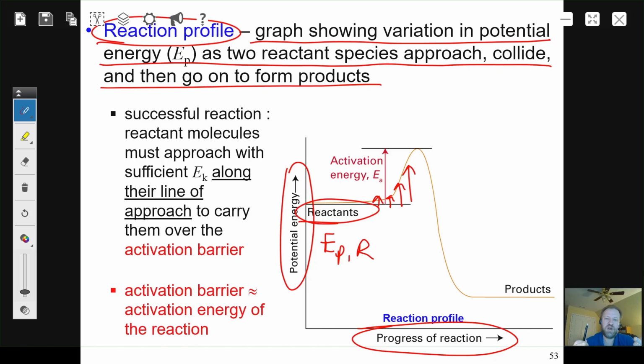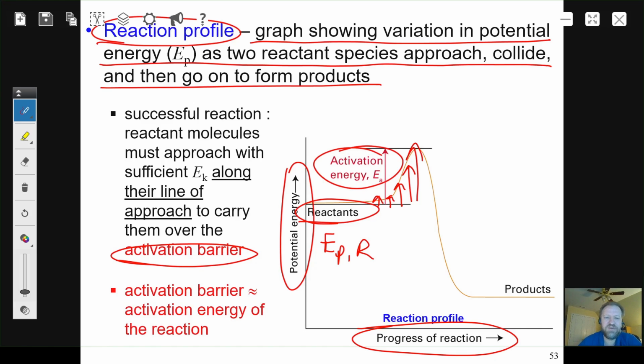So as reactant species approach each other along the line of approach, the potential energy increases and eventually reaches a maximum, which is then identified with the so-called activation barrier. Activation barrier is basically the energy that needs to be provided in order for the reactant species to react and then go on to form products.